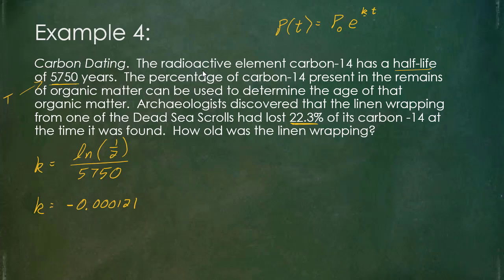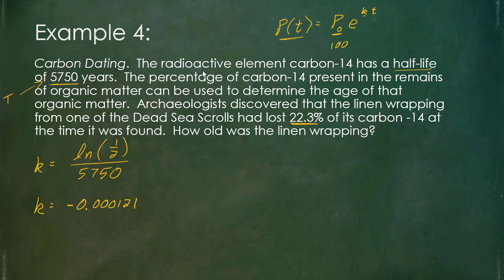We've solved for the k. It didn't really give me how much I started with, and it's not really telling me how much is left, it's just telling me how much I've lost. Well, if we think of how things should work, when something first originates, it should have 100% of whatever this is. So that should be 100 as the P sub 0.